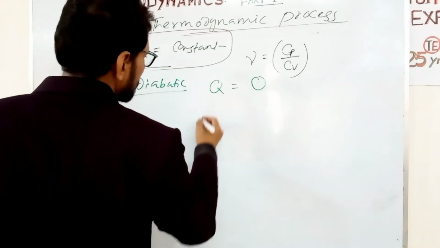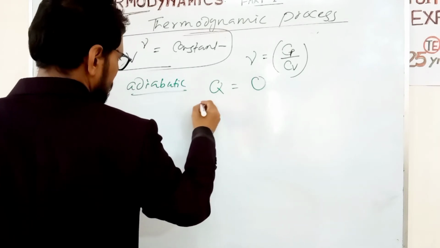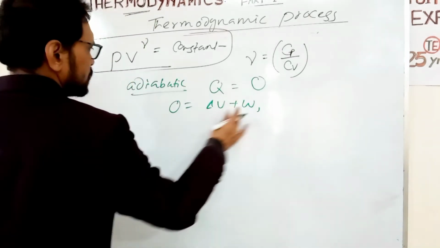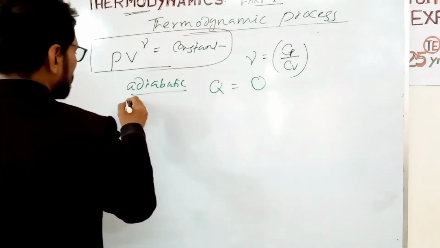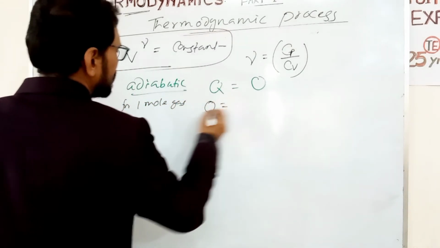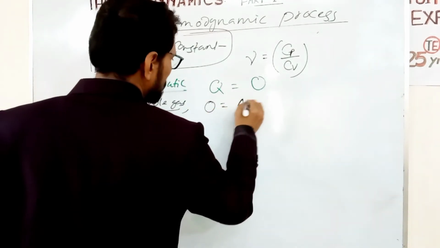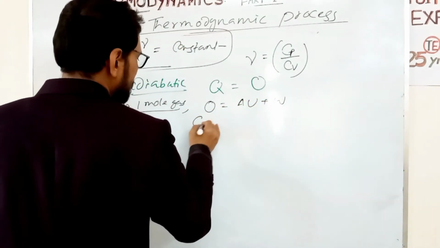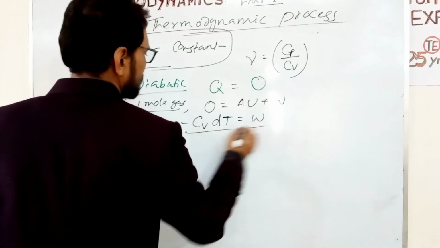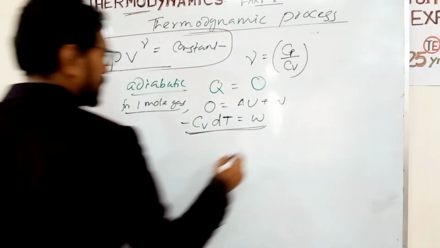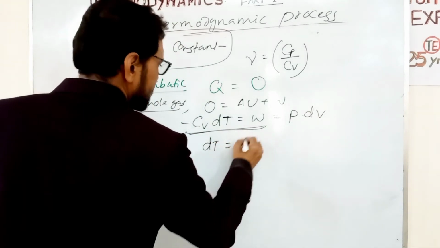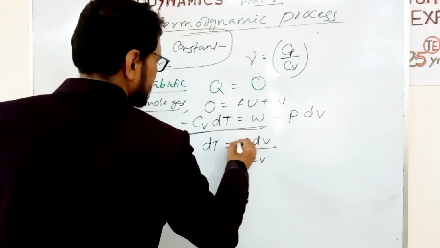In the thermodynamic process, Q equal to del U plus W, so 0 equal to del U plus W. Now for 1 mole of gas, del U equal to Cv dT, and W is the work done, which equals P dV. So dT equal to minus P dV by Cv.